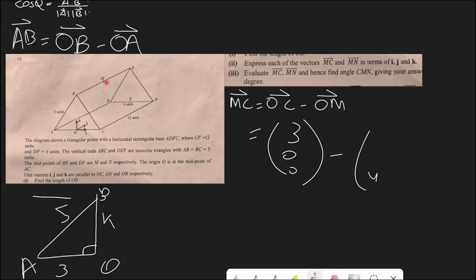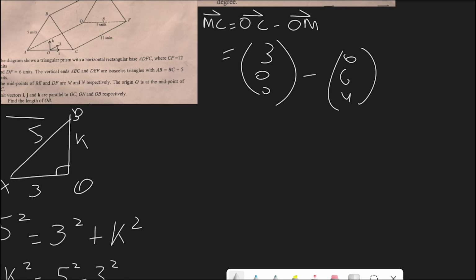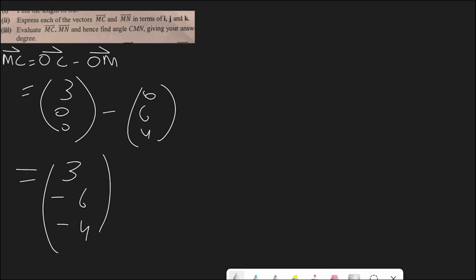The entire thing is 12, and M is the midpoint, so j would be 6. So this is (0, 6, 4). Now we can determine MC. That would be (3 minus 0, 0 minus 6, and 0 minus 4), that is (3, -6, -4). This is MC.